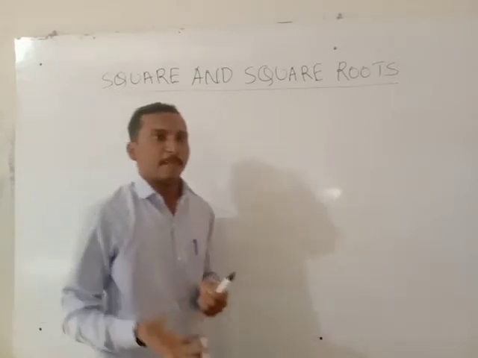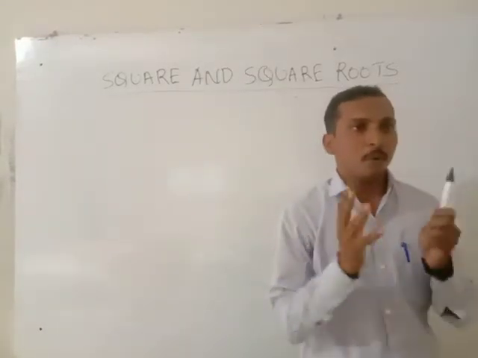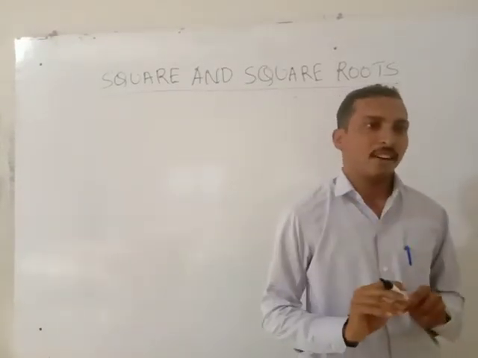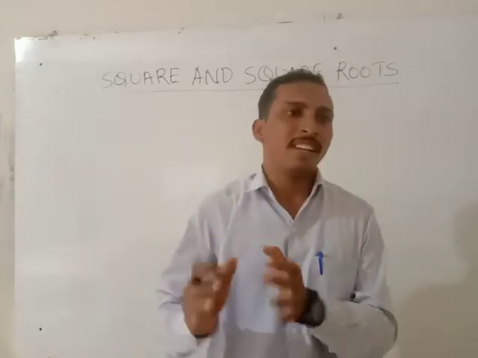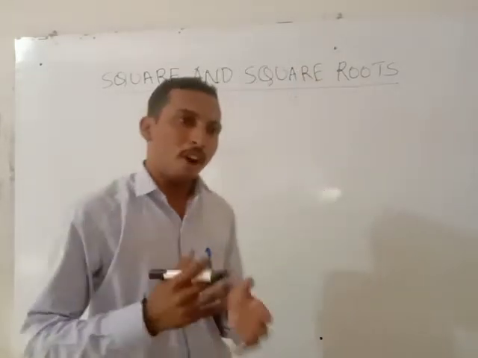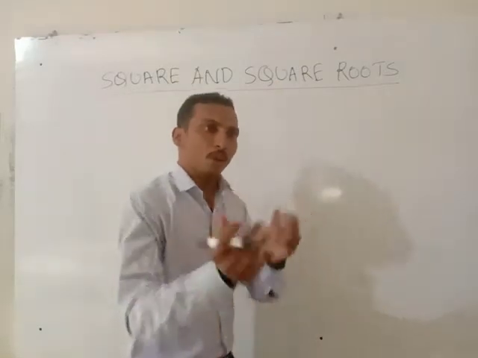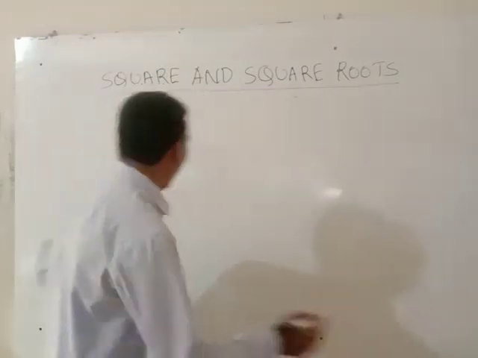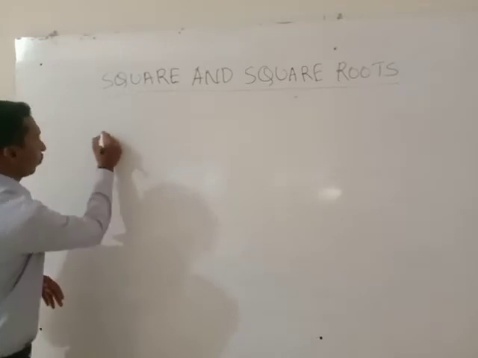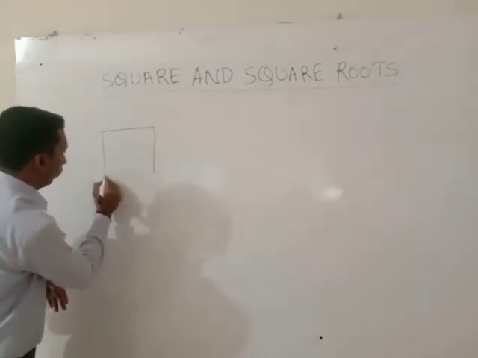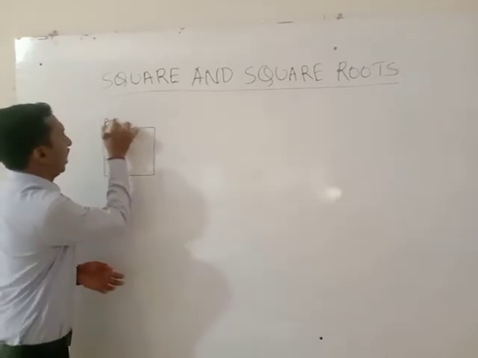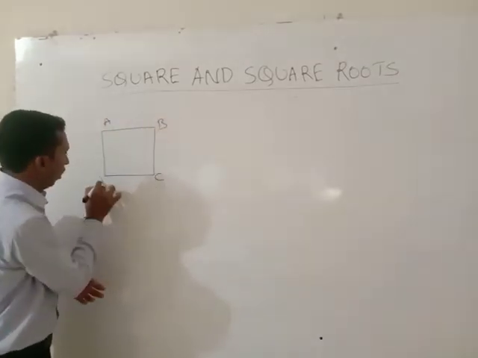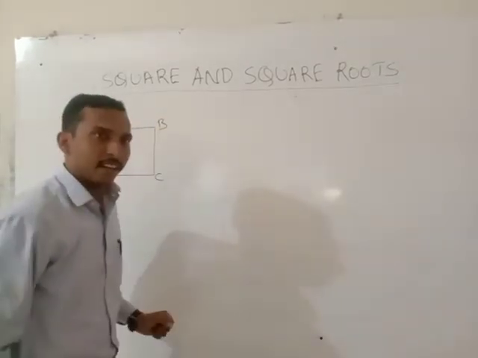Now in this chapter, you know the word square. Since the 5th standard you have been using the word square. Then what is a square? If I ask you what is a square, you will draw a picture and say that ABCD is a square.